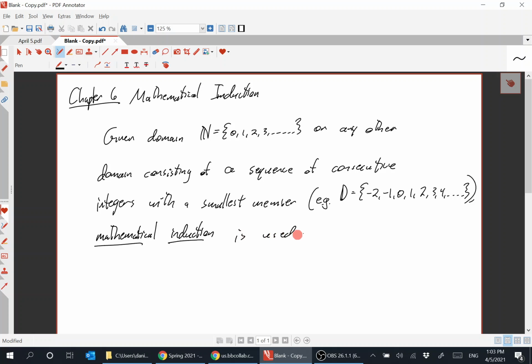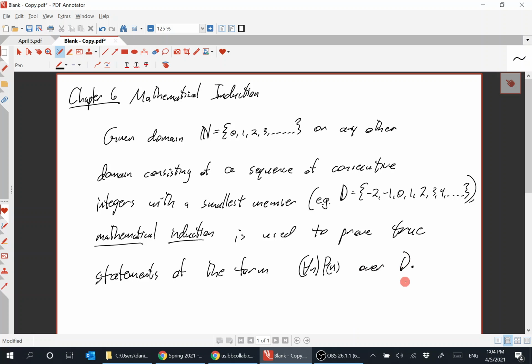is used to prove, if they are true, statements of the form for all n, P of n, true over domain D. Statements of the form for all n, P of n.